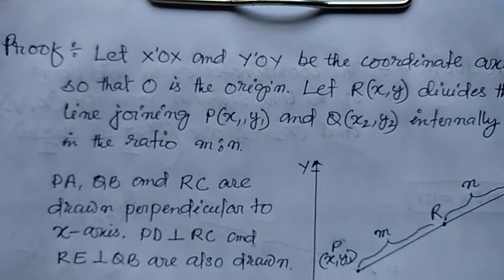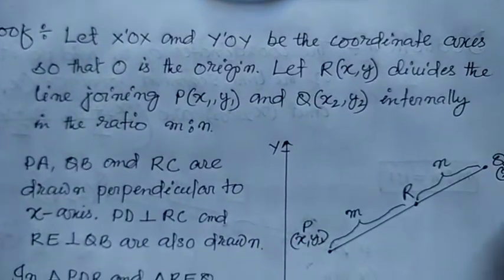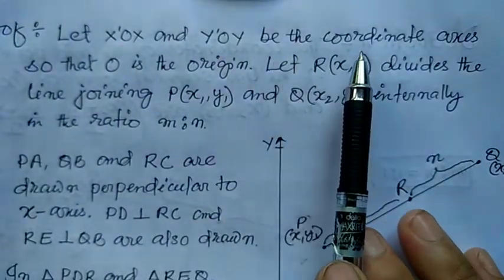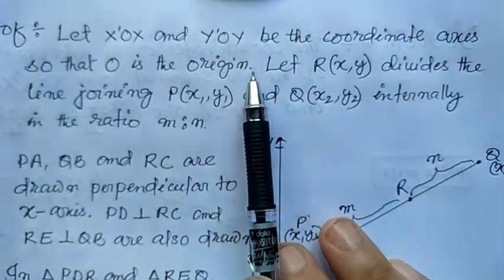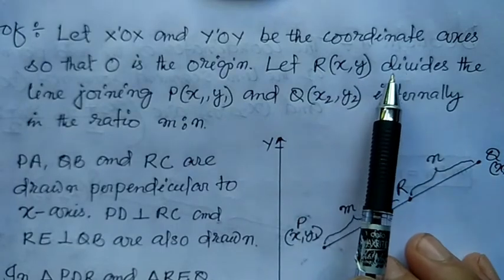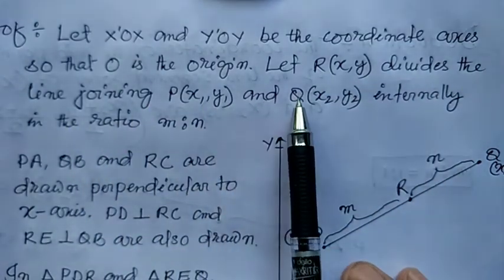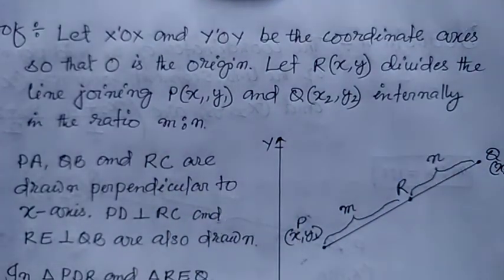Here is the proof. Let X'OX and Y'OY be the coordinate axes so that O is the origin. Let R(x, y) divide the line joining P(x1, y1) and Q(x2, y2) internally in the ratio m is to n.